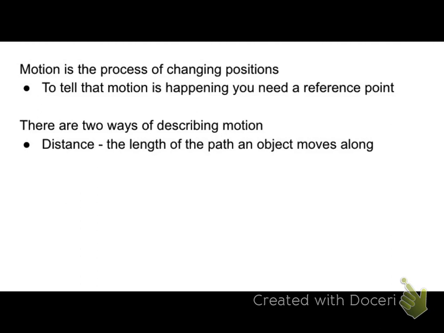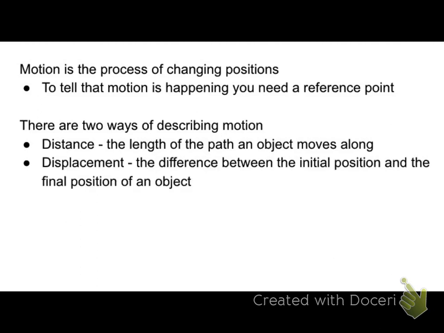In science, however, we're going to have one other term, which is displacement. Displacement is the difference between the initial position and the final position of an object. So to illustrate this, I will do a little more walking.